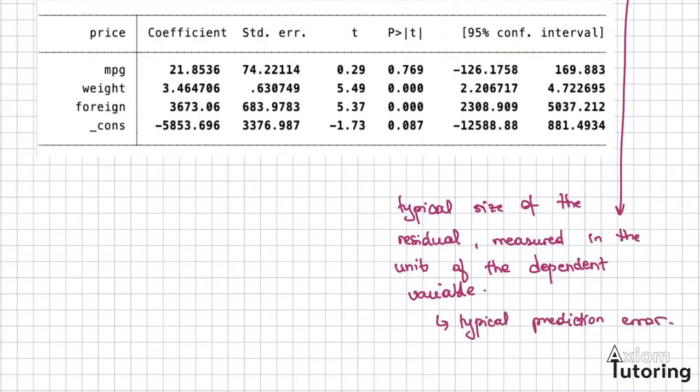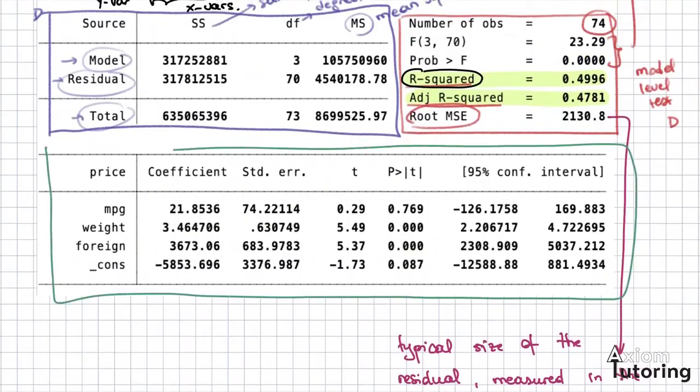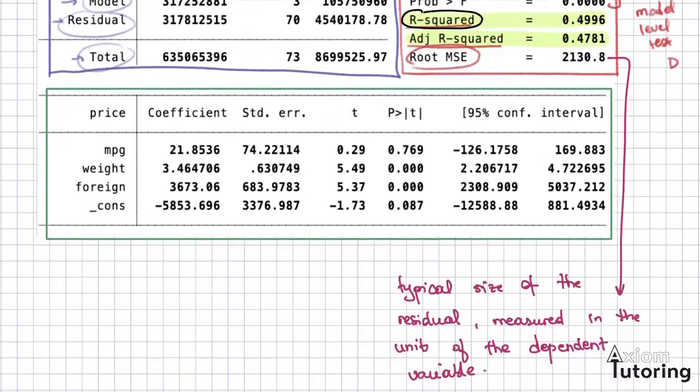Okay. And finally, we're moving to the last block of information that we have right here. You'll notice that the Y variable is given to you right in this box right here. Just a reminder that this was the dependent variable.